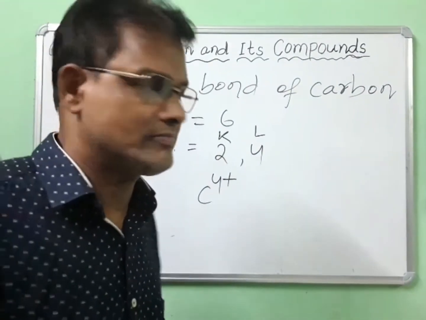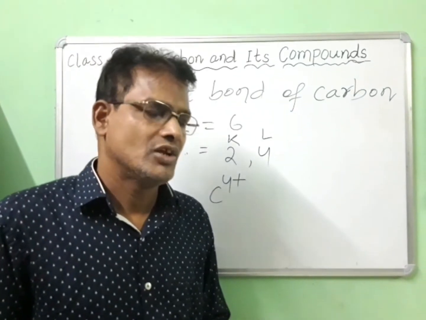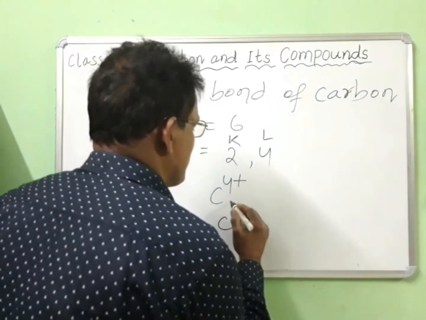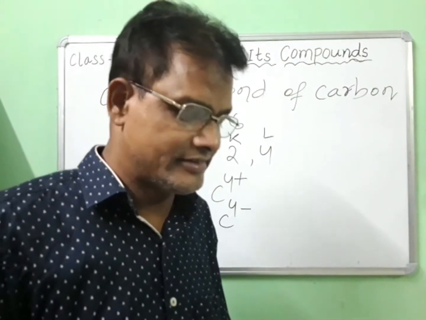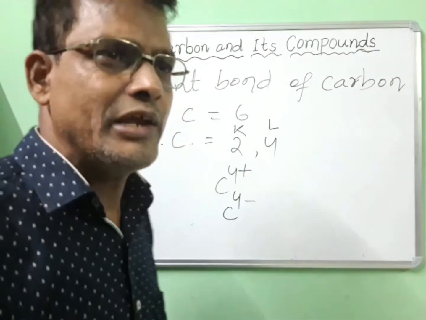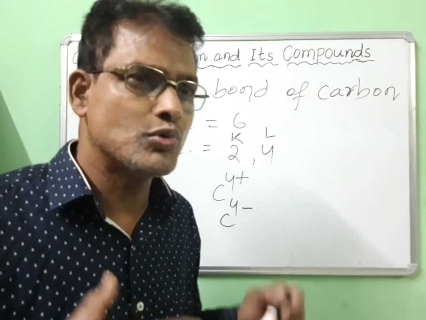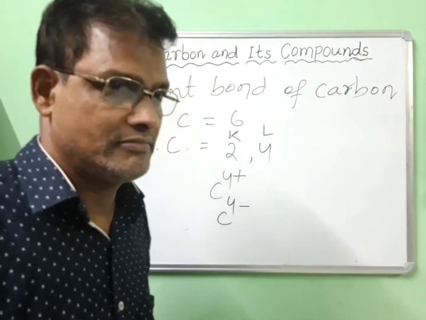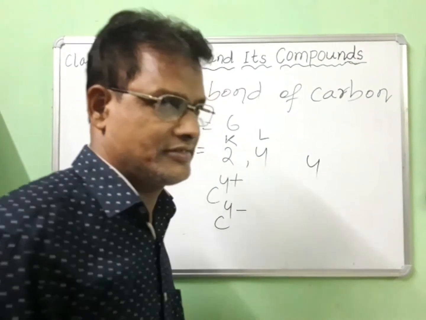Second way is it could gain 4 electrons and form C4- anions, that is negative ions. But for a nucleus having 6 protons, it would be too difficult to hold on to 10 electrons, that is 4 extra electrons.